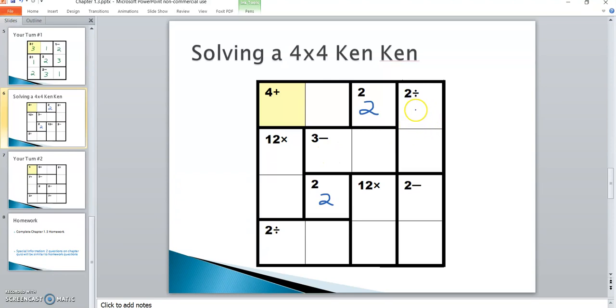So I'm going to look at this one, the 2 divided by, because I could have a 4 divided by 2 or a 2 divided by 1. Now I don't actually know which one is which, because this could be a 4 and a 2, or it could be a 1 and a 2.